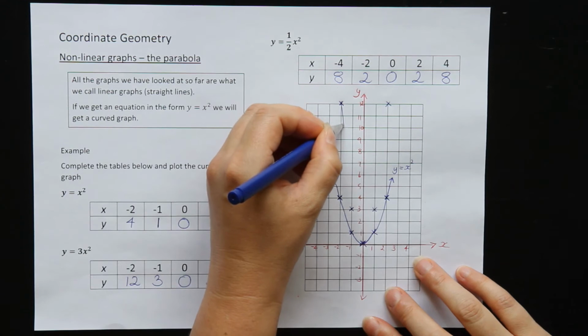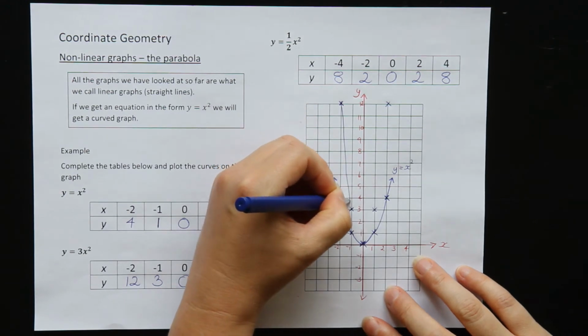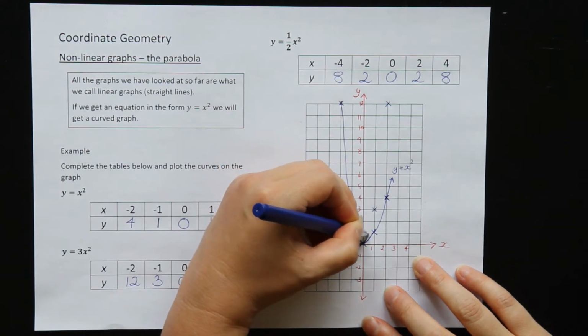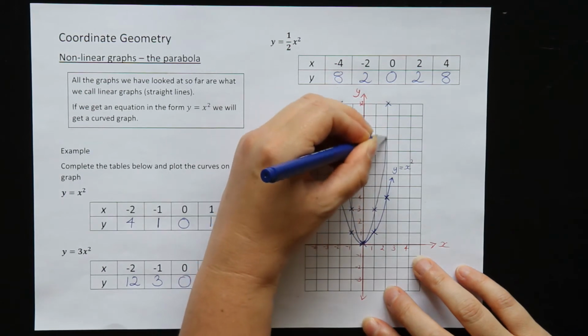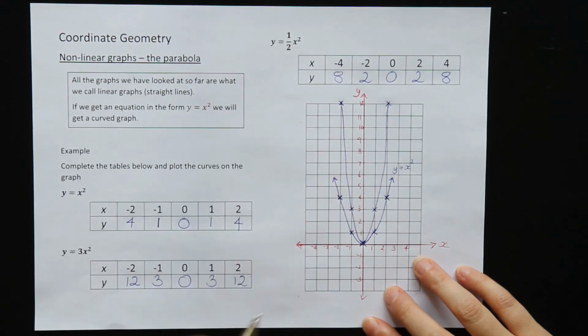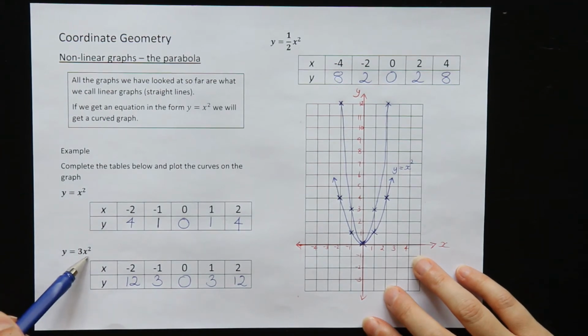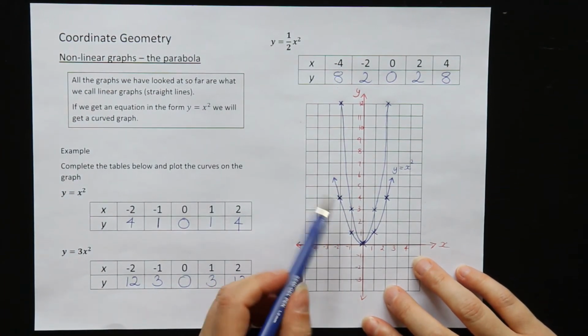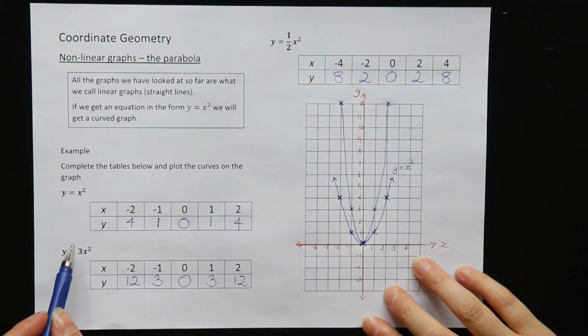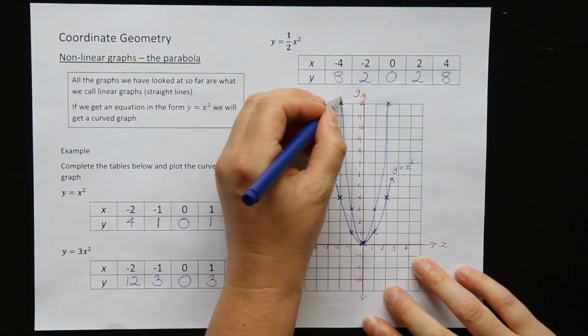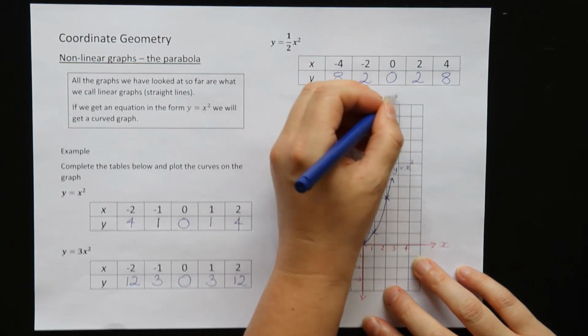So it has the same shape, but it is much steeper. From the x squared graph, we've become 3x squared, and the graph has become steeper or narrower. So the larger the number in front of the x squared, the steeper or narrower the graph is going to become.